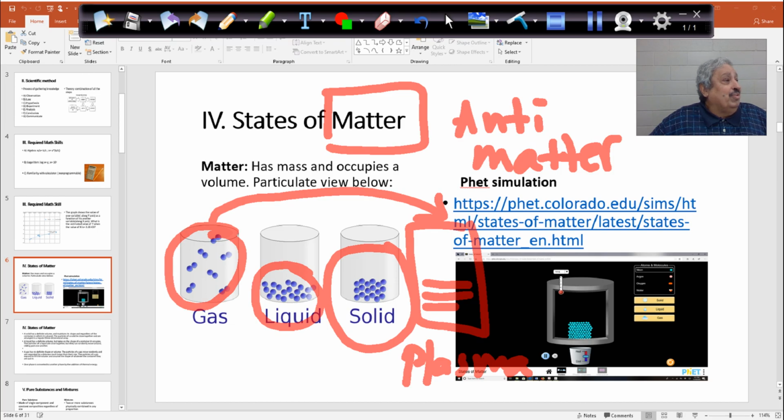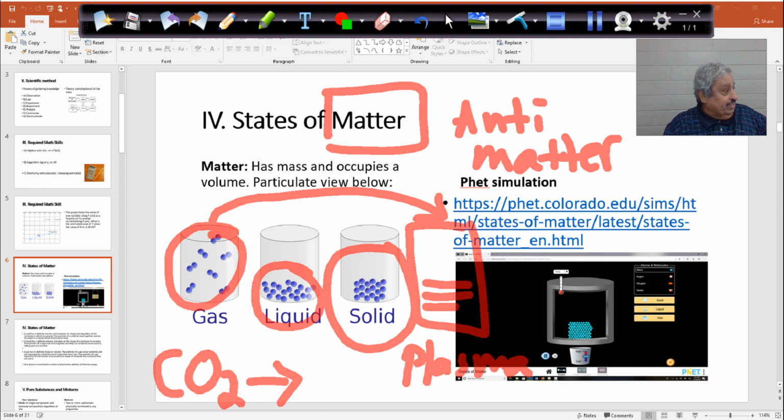You buy it from the farm market, from any grocery or even a gas station. Dry ice, CO2 gas. If I have a gas here, some gases don't go liquid.